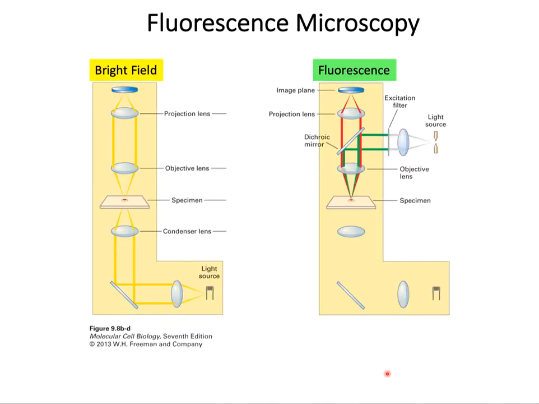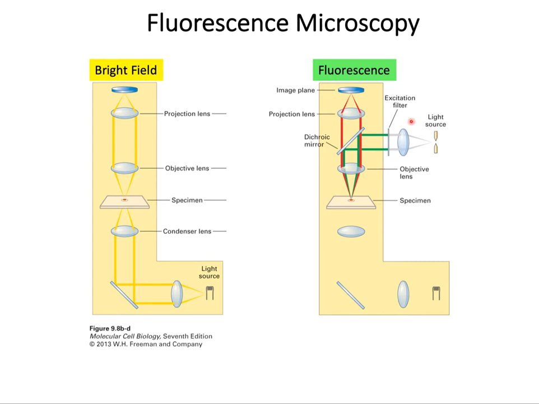On this slide is a comparison of a light microscope, bright field, and a fluorescence microscope. Looking at the light microscope, we see that the light comes from the lamp, is focused onto the specimen through the condenser lens, passes through the specimen, goes into the projector lens, then to the detector. For the fluorescence microscope, the light source is usually a laser.